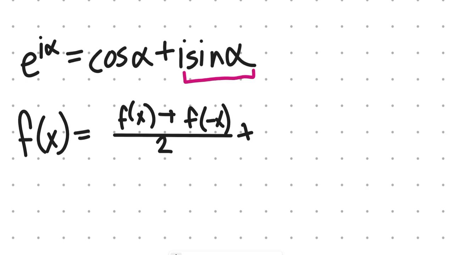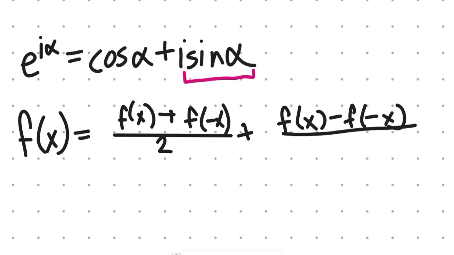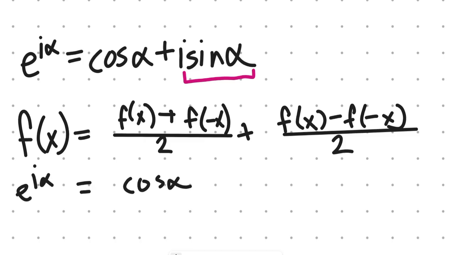Now the odd function goes as follows: f of x minus f of minus x over 2. So this should be cosine alpha, e to the I alpha should be the f of x, and this should be the I sine alpha.